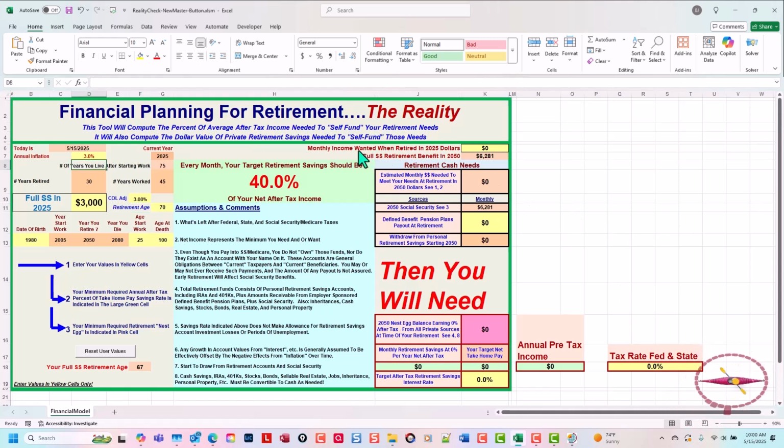Accordingly, the spreadsheet predicts that full Social Security benefits, which were $3,000 in 2025, would be paid in 2050, the day we start retirement, at a rate of $6,281 a month, and that's based on a 3% cost of living adjustment.